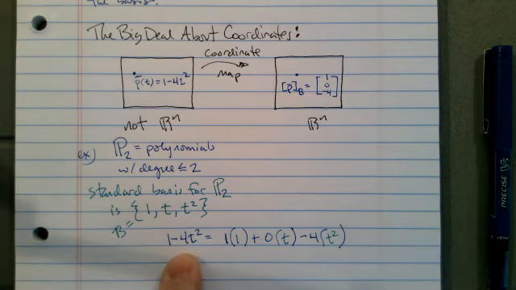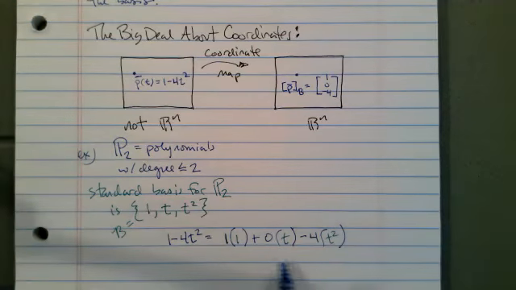So I just wrote 1 minus 4t squared as a linear combination of these basis vectors. And so I just pull out those coordinates: 1, 0, -4.